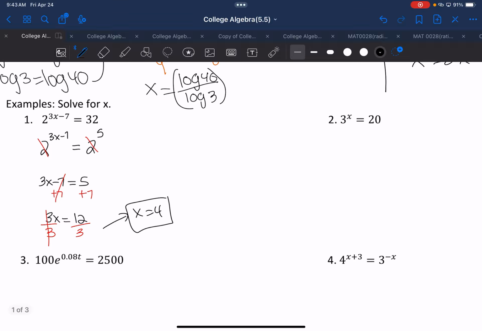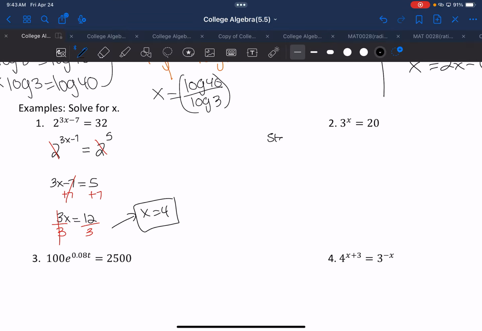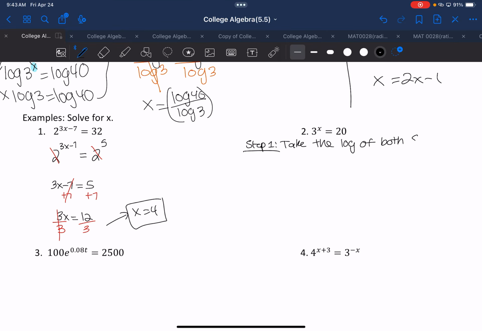And so for step 1 of this problem, I'm going to take the log of both sides. That's just how we say it. Take the log of both sides. You could also take the ln. It doesn't matter. You'd get the same answer.